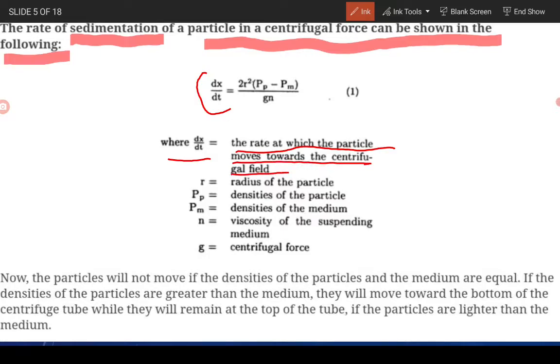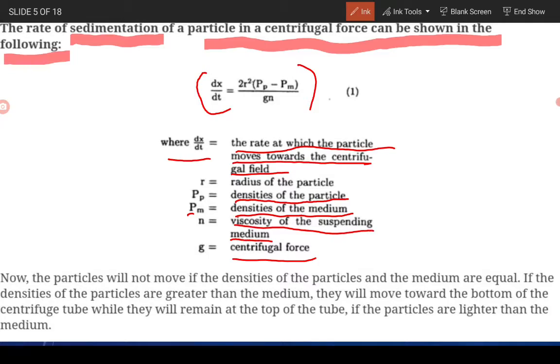Then it is equal to 2 r squared times (ρp minus ρm) times g, divided by 9 η, where ρp is the density of the particle, ρm is the density of the medium, g is the centrifugal force, and η is the viscosity of the suspending medium. So that is the formula.